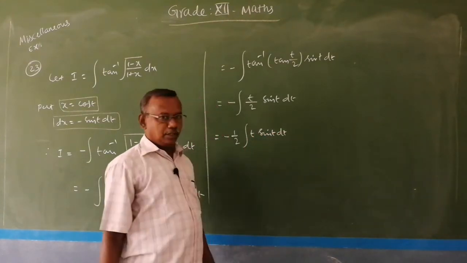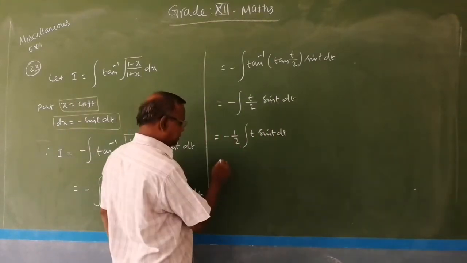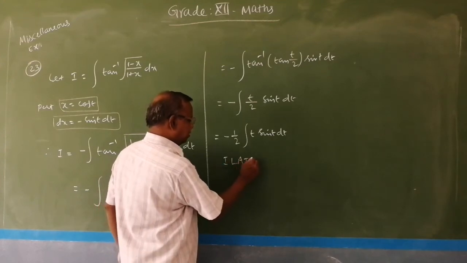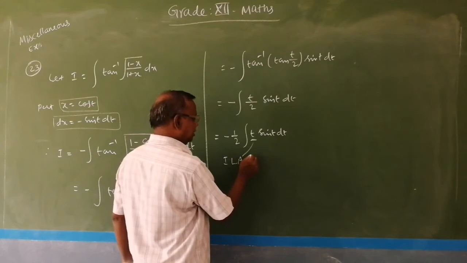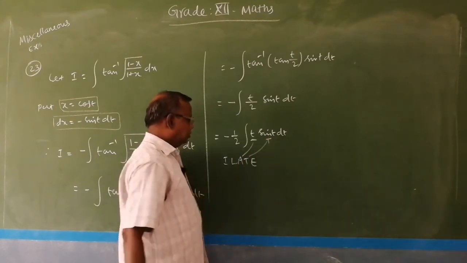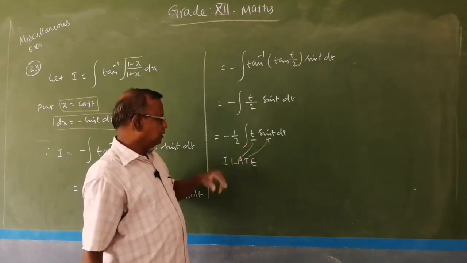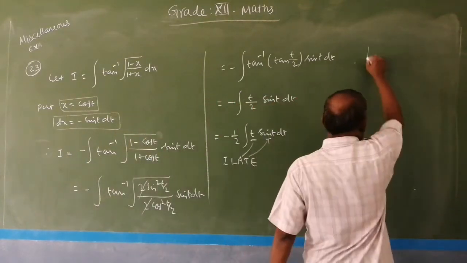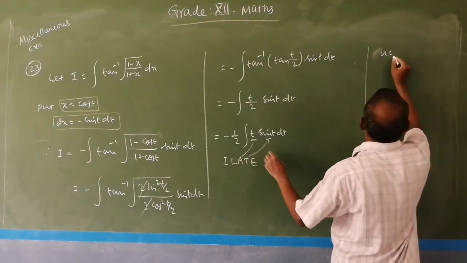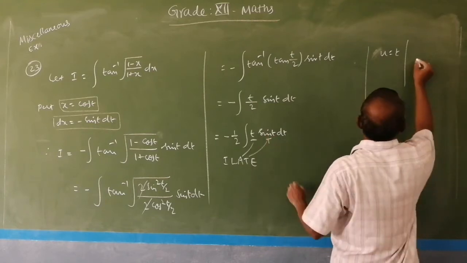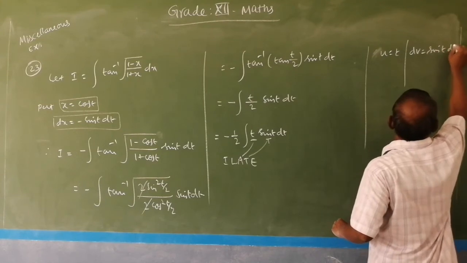We have to use integration by parts. So the relative preference: this is algebraic and this is trigonometrical. So first preference for u is t only, so dv equal to sin t dt. Therefore, let u equal to t and dv equal to sin t into dt.